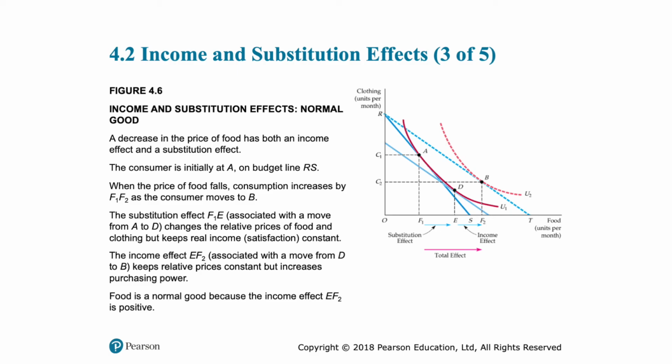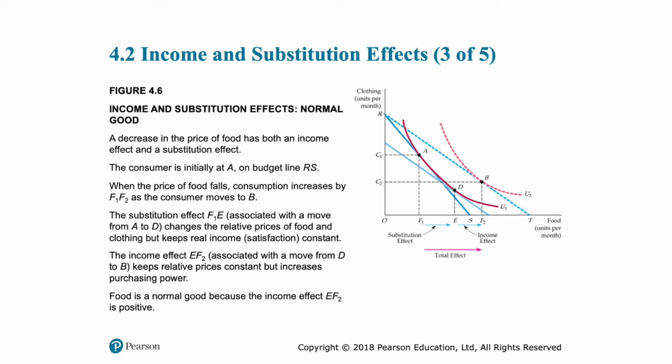The substitution effect F1E, associated with the move A to D, changes the relative price of food and clothing but keeps real income or utility level constant. Only the price changes from here to here, but you can touch the same indifference curve. So the movement F1 to E is the substitution effect.